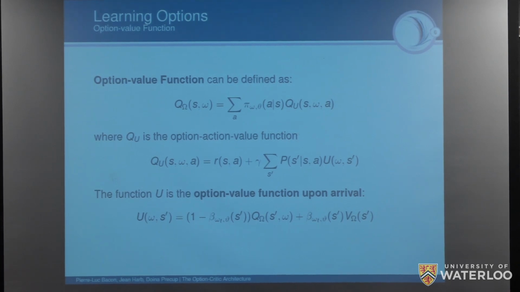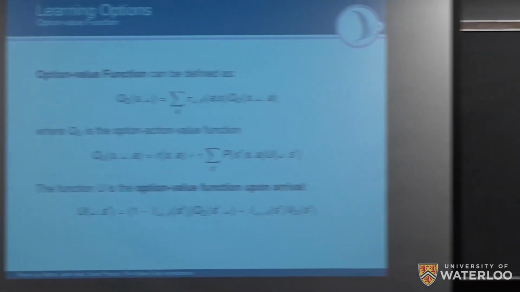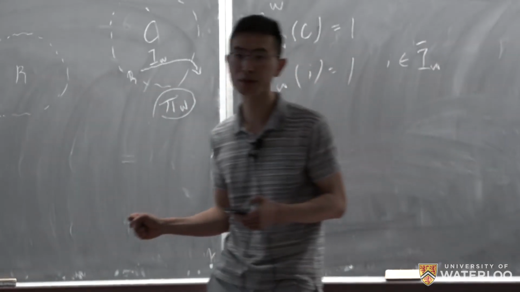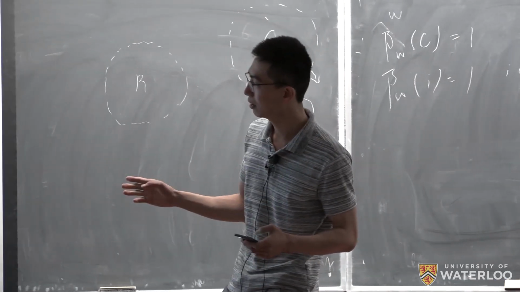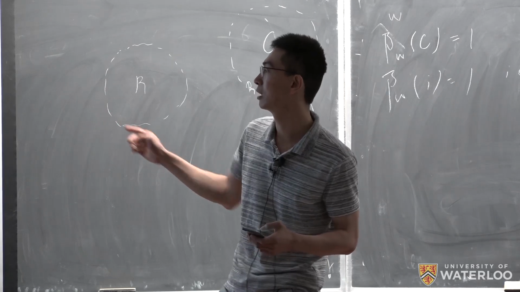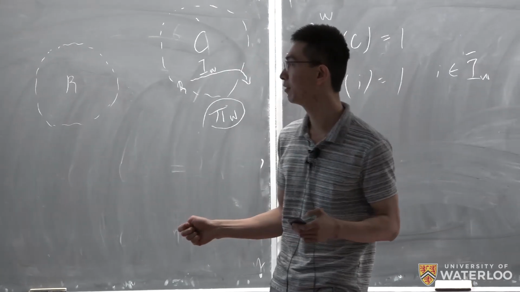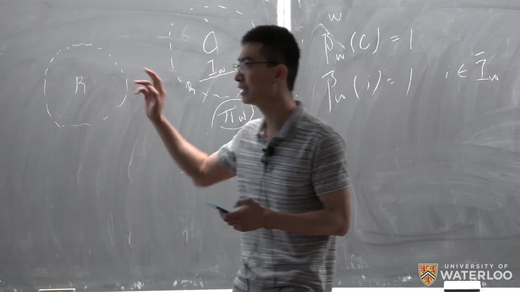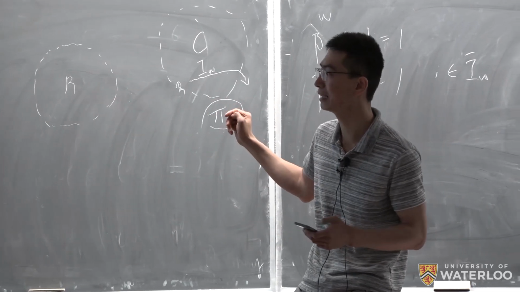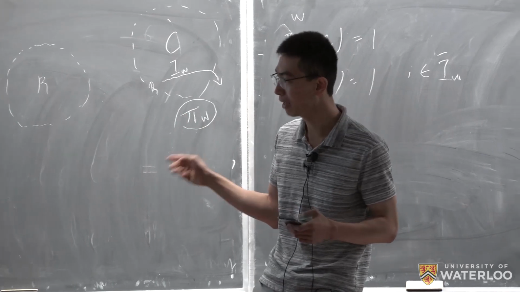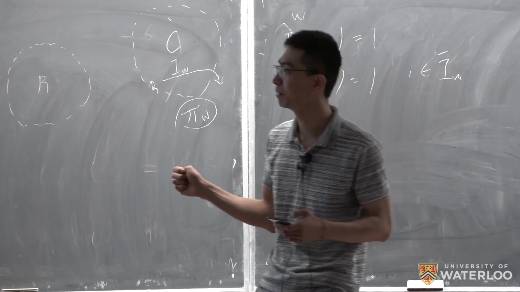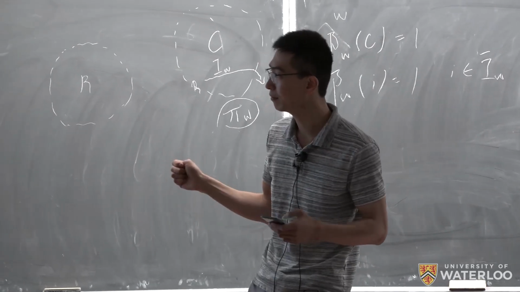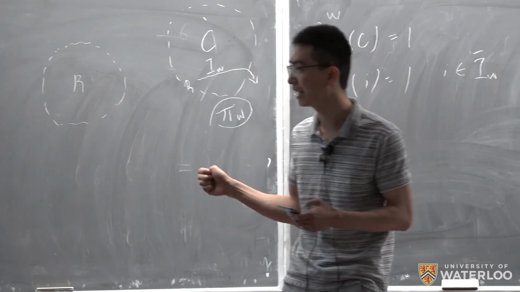The option action value can be calculated by the reward plus the discounted expectation of the option value upon arrival. And there is a condition, and we write U for the option value function upon arrival. If the next state is the termination state, the option value function upon arrival will equal the value of the next state. Otherwise, it will be equal to the option value of the next state.